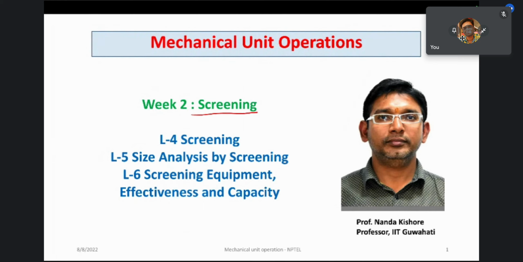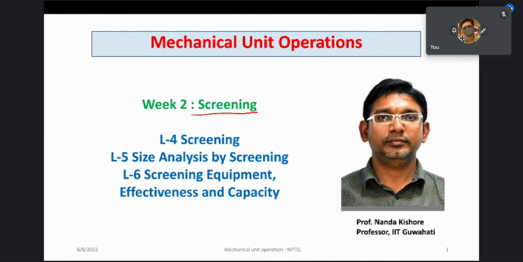The professor already discussed this in detail in all three video lectures. So we will revisit some of the topics discussed by the professor, and then we will do some calculations and understand how the numericals go.